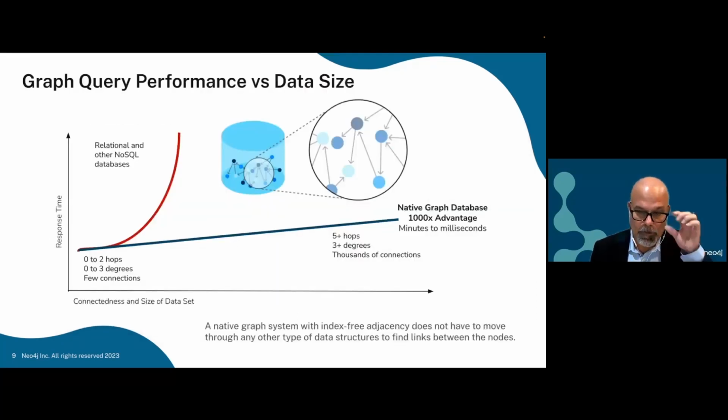Another aspect of graphs is that because all of the relationships are first-class citizens, they're stored on disk, they're stored in memory, it means that when we run a query, we don't actually have to do anything other than land on the starting point of the query, and then the query planner will fan out a cursor and explore all the connected data locally around that starting point.